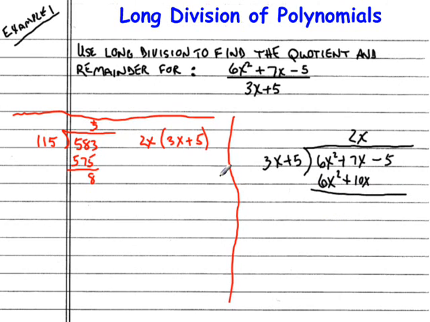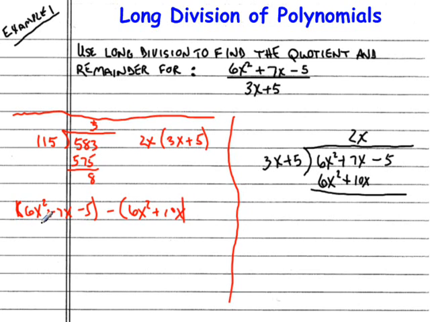And then we're prepared to do our subtraction. And of course, the subtraction that we're doing in this case is the top polynomial subtract the bottom polynomial. Well, the top polynomial is 6x squared plus 7x minus 5. We're subtracting the bottom polynomial, 6x squared plus 10x.